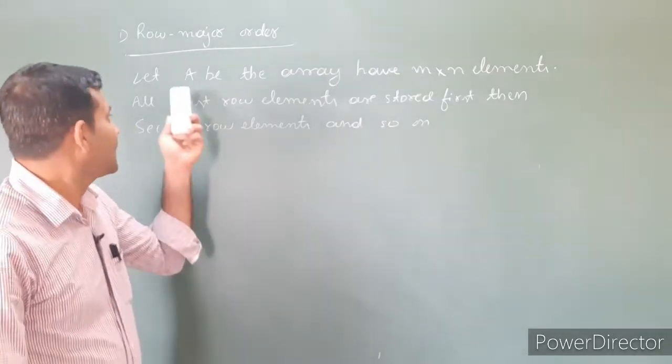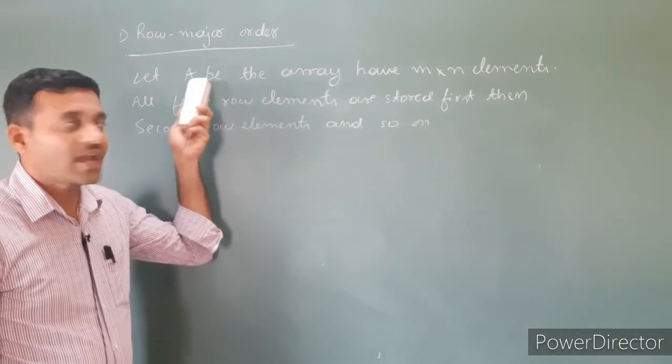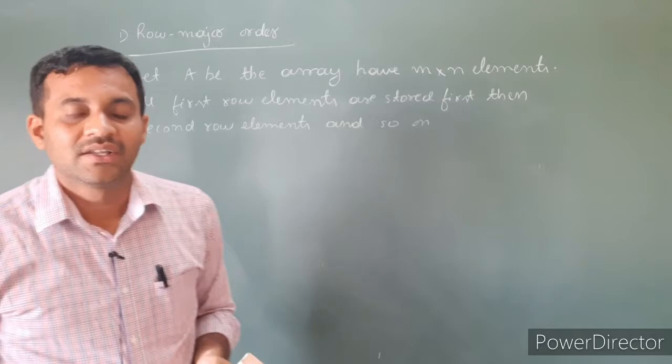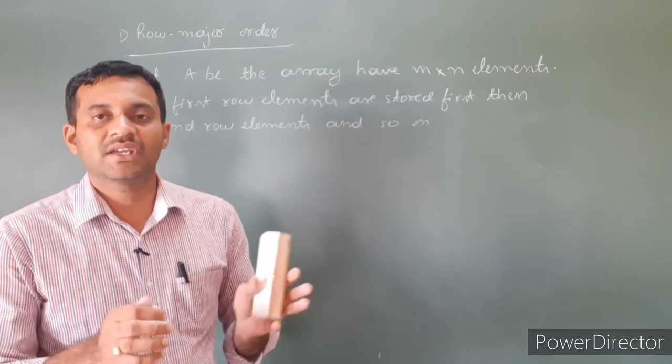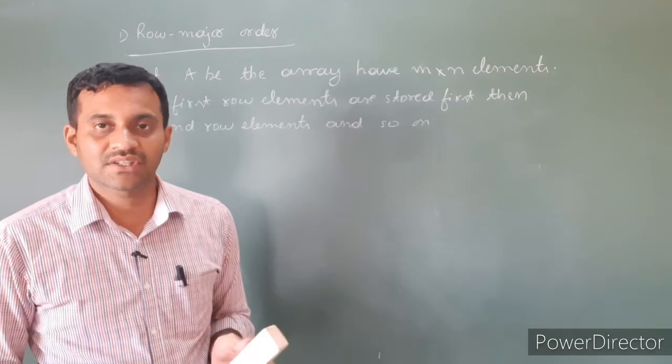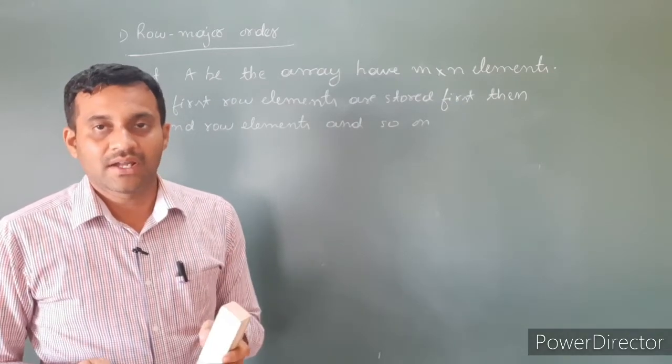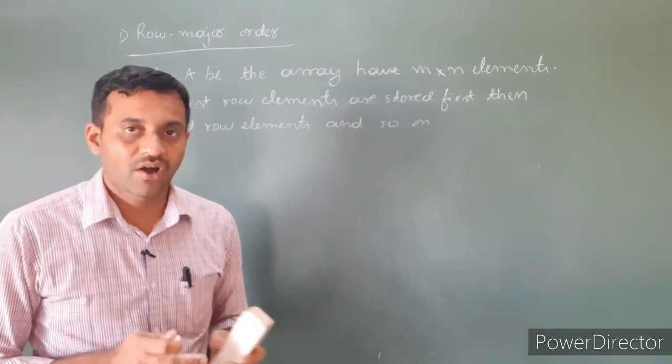Then if A is an array having m cross n elements, using the following formula we can access the location of an element in row major order.